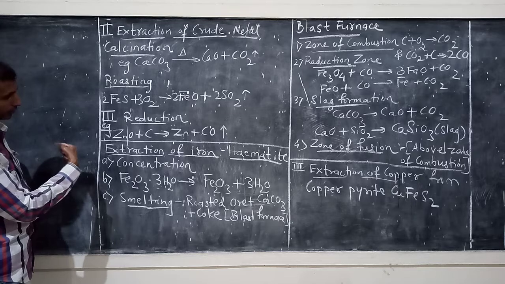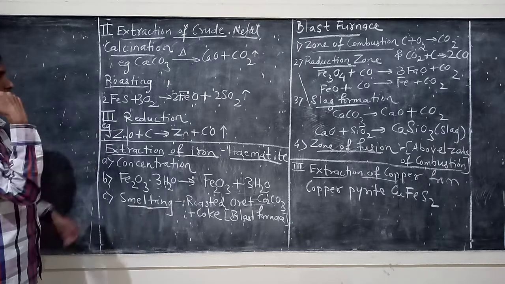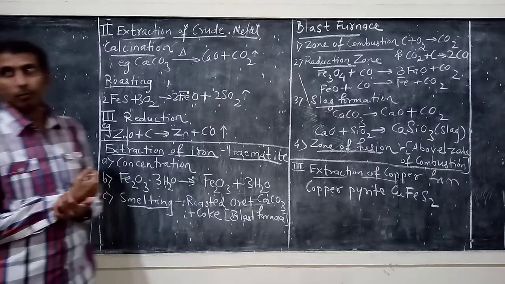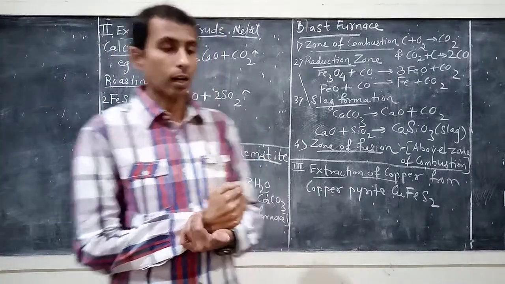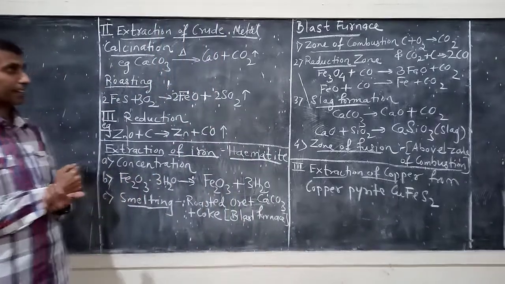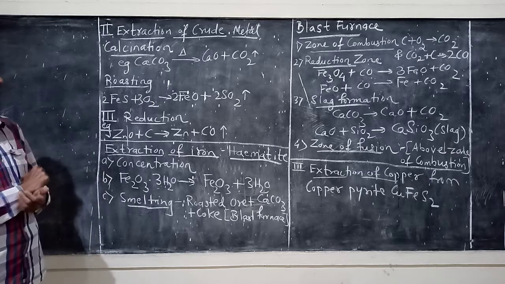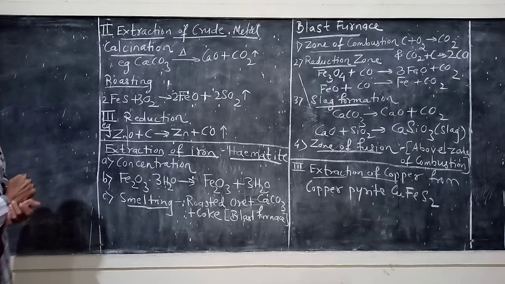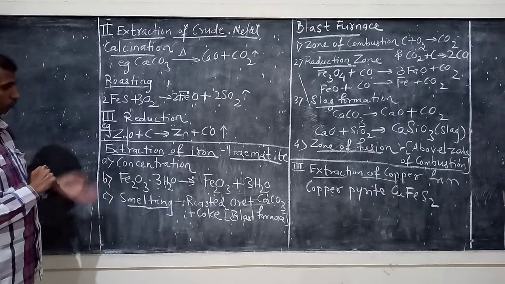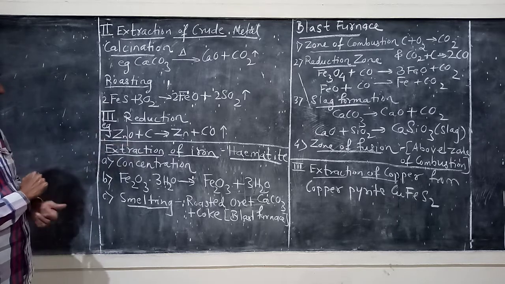Then we have the extraction of iron, which is the first metal, and we have to understand in detail the extraction of iron from its important ore, hematite. The various steps we know. First one is concentration.